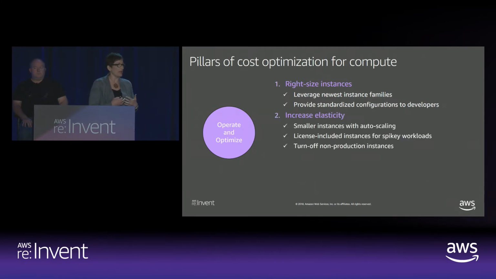The second pillar is to increase the elasticity of your compute infrastructure. Experiment when you get to the cloud with using a smaller instance size. You can always expand and grow. And you can also leverage auto-scaling for those peak workloads.